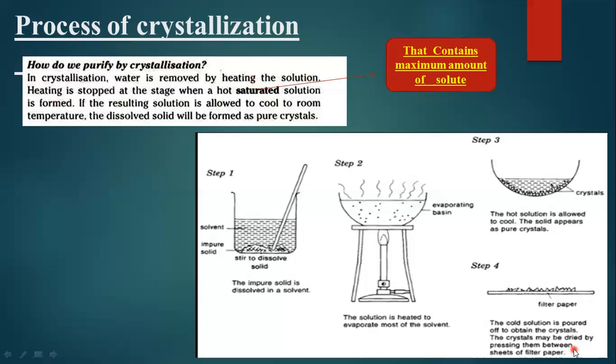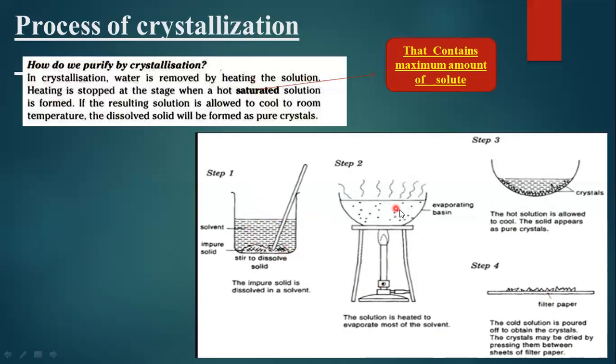If we have a solution and we want to separate the dissolved solid from the solution in the form of pure crystals, we will perform the technique that is called crystallization. In simple steps: making a hot saturated solution, then if impurities are present, we can do filtration after the first step.